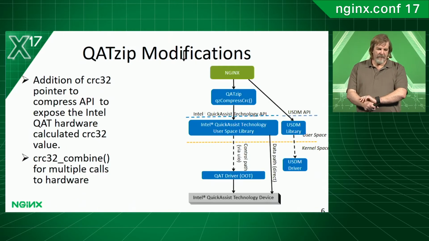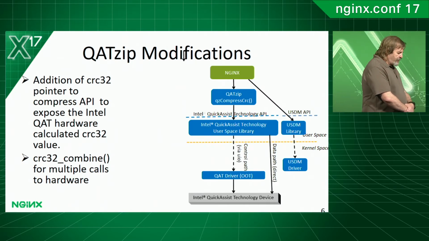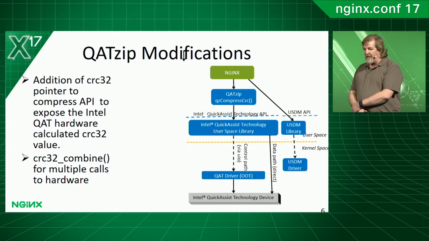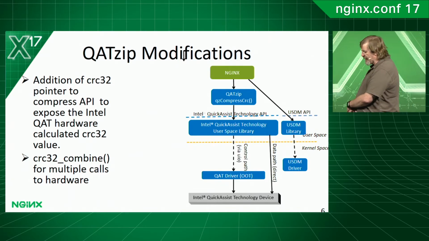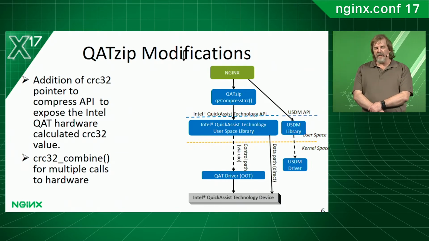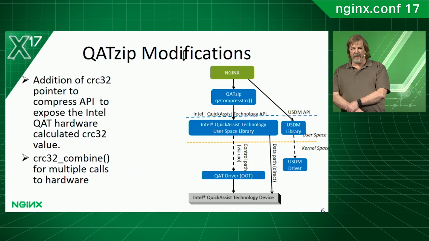Okay. So what do we have to do to QATzip? Let me start by describing a little bit what QATzip is and why it was ideally suited for this. QATzip is a software library that provides access to the underlying acceleration device.